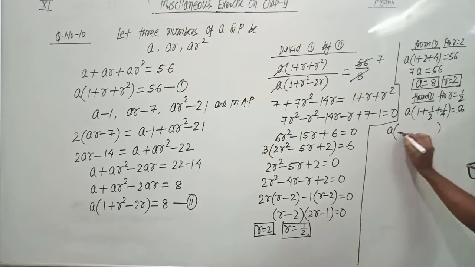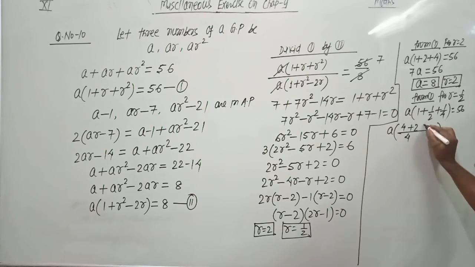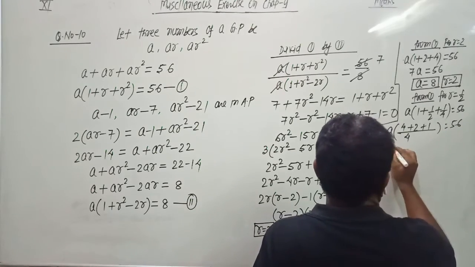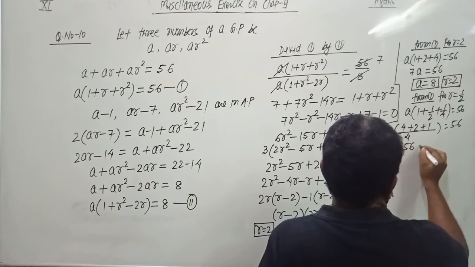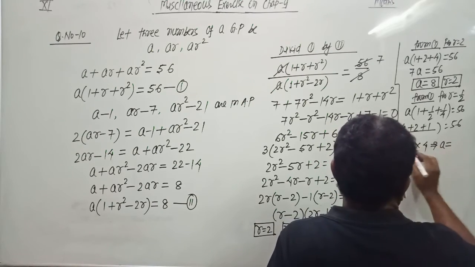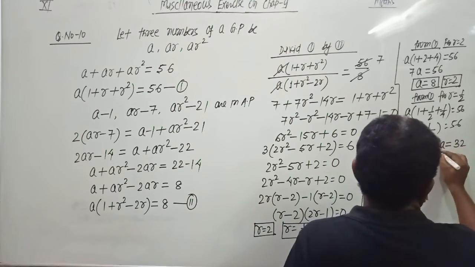By taking LCM, we get 4 plus 2 plus 1 over 4, and 7A equals 56 into 4, and the value of A comes to be 8 sevens are 56, 32.